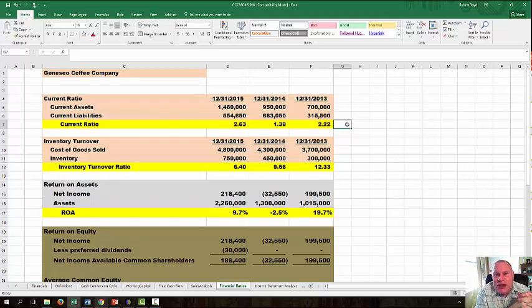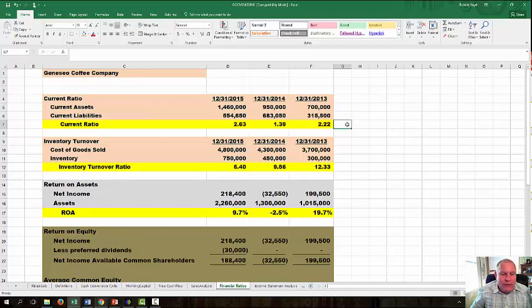However, what it's telling us is they have sufficient current assets to support the working capital cycle and to support the growth of the company. What we saw between 2013 and 2014 is a decline, but we also saw them do some capital structuring in the year 2015, which improved that. So it gave them funding to be able to move forward.